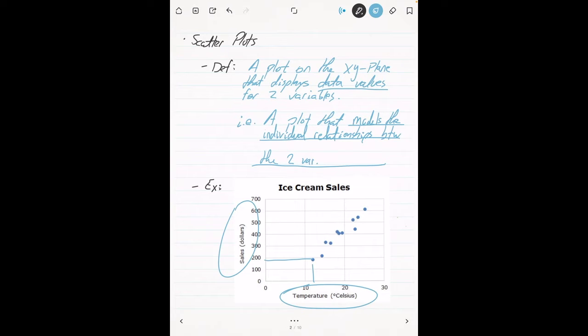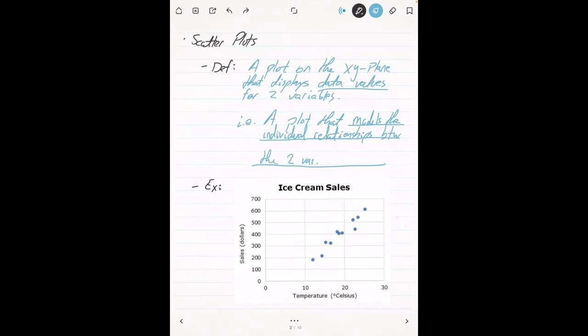Now, the temperature is the temperature outside, sales is in dollars for how much ice cream we sell. You can see that these individual points represent that for certain given temperatures, we make certain sales in ice cream. Instead of having a continuous line that describes all this, we have individual points.